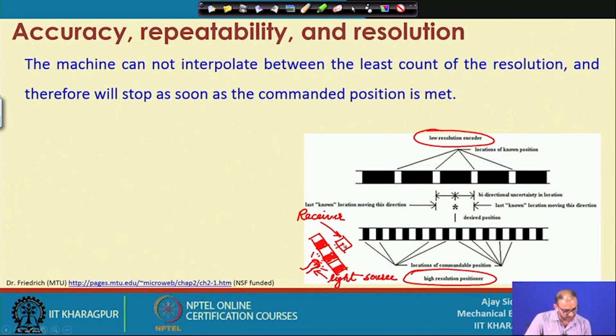So, the light source or the receiver is attached to the table, and depending on this you get one particular signal. This one is fixed onto the table slide at the base side.